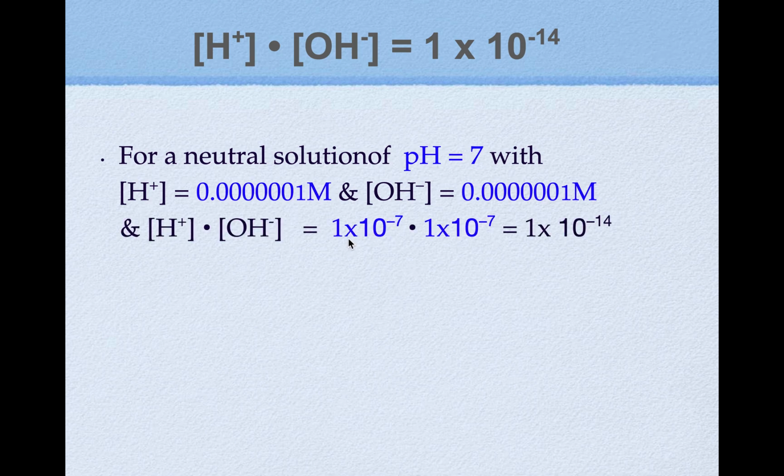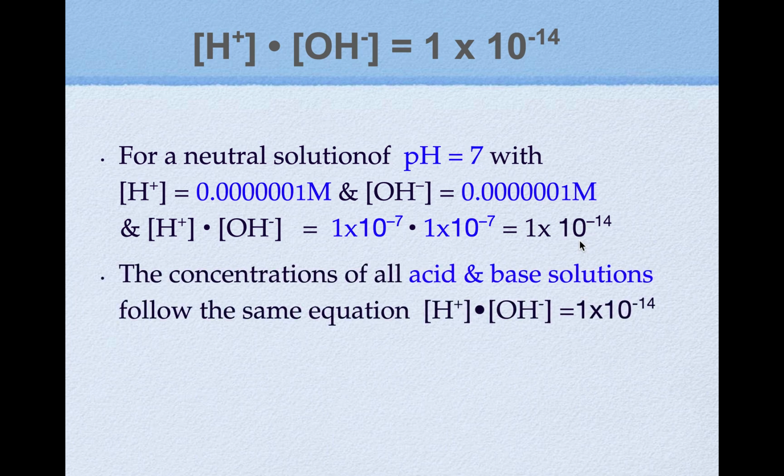Now, when you take the H+ and OH- of a neutral solution of water, you multiply that and you get what's called Kw, or 1 times 10 to the -14. So it turns out that regardless of your acid or base solution, that formula holds all the time.